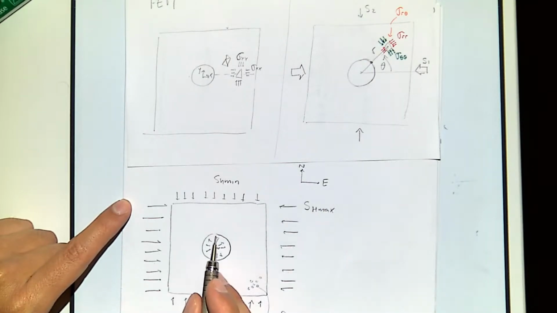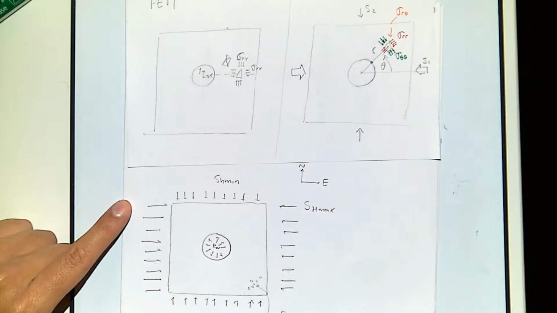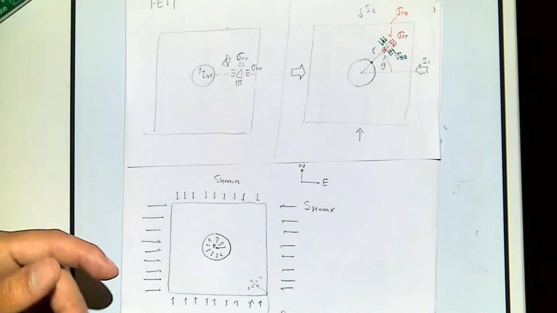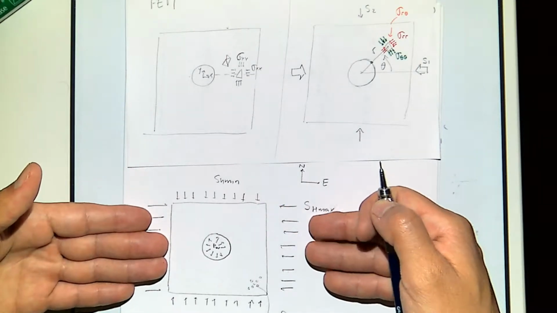Do you think the compression is going to be concentrated in the north and south parts of the wellbore or in the east and west parts? And let's think about the hoop stress. The north-south.